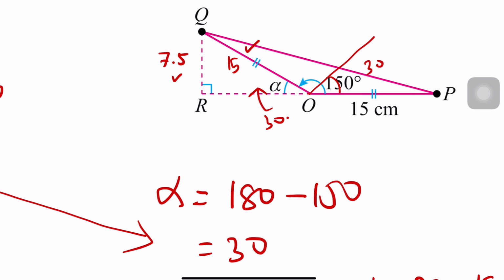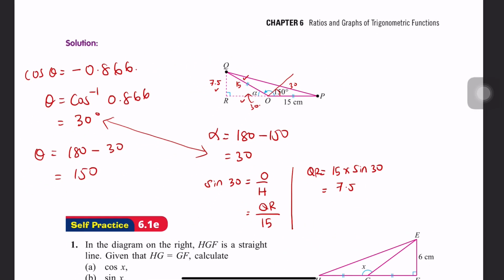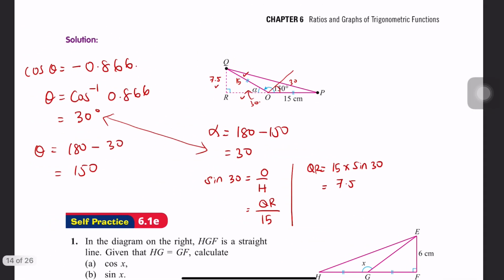So boleh tak saya cari OR? Okay, cari OR. Okay, so cos 30 is equals to adjacent OR hypotenuse is 15.